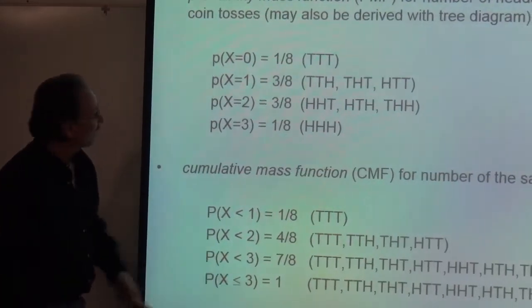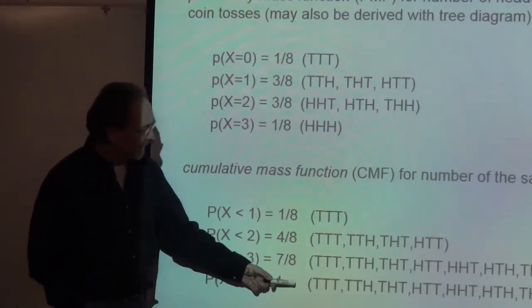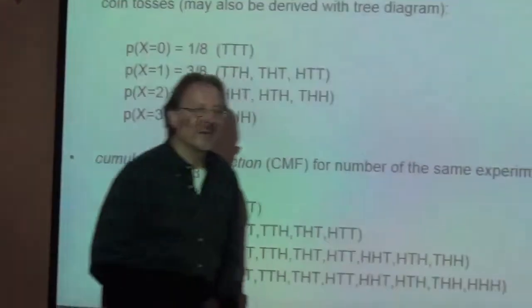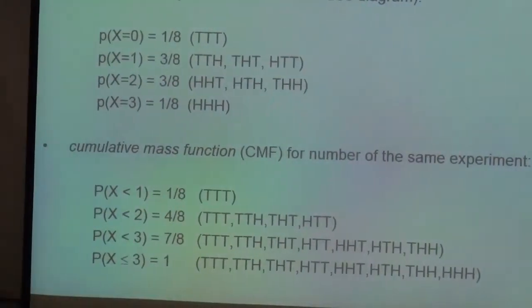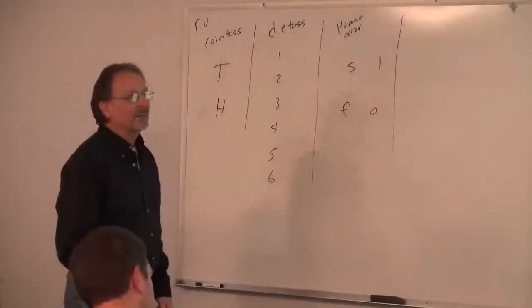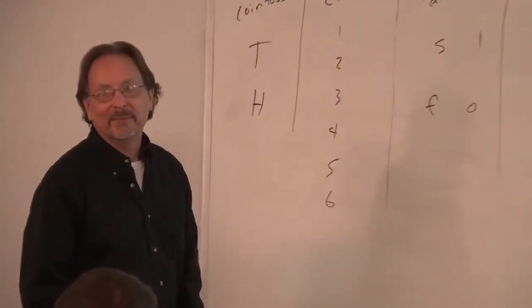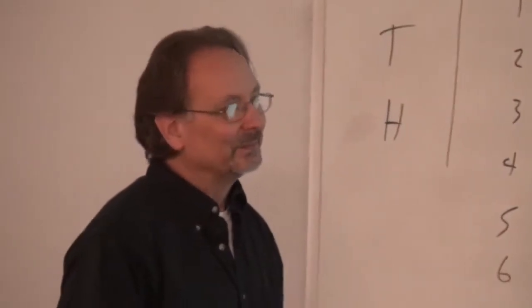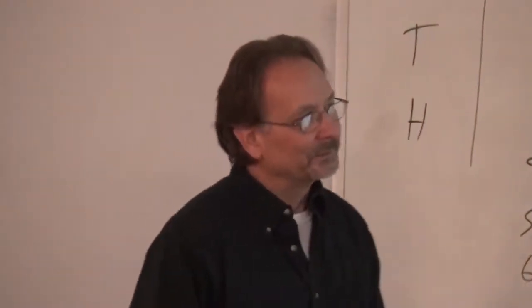And then everything up to and including 3 is 1, because that includes all of our possible combinations of 3 successive coin tosses. So a cumulative mass function simply means the probability of everything less than a given random variable value. And ultimately, if you include all the random variables, you will get the value of the cumulative mass function to be 1.